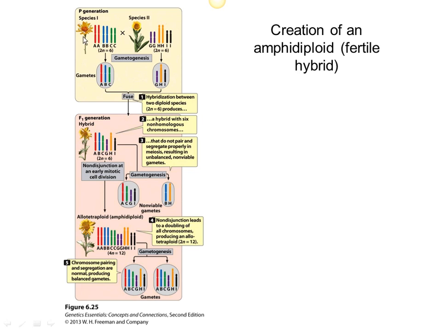We're starting with diploid. This has 2 sets of chromosomes. This is a different species that has 2 different sets of chromosomes. We can hybridize them by fertilizing different gametes together. We create a plant that is viable, but it's sterile and can't make any good gametes.